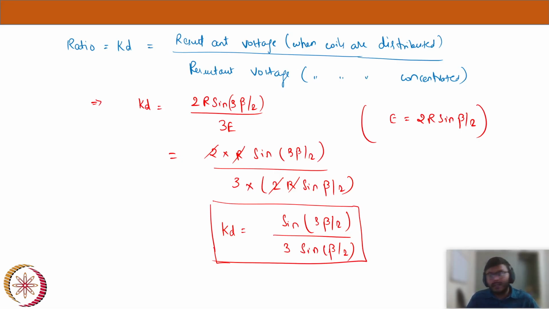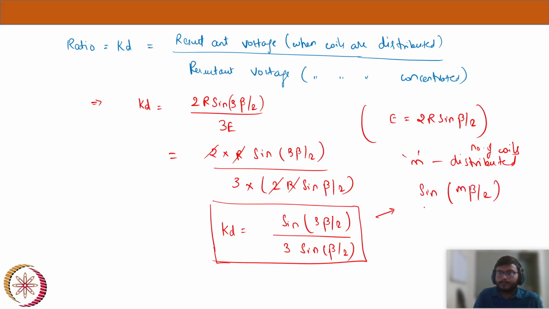So this is what we are trying to say here. Now the number three which we are seeing here is because we took three coils. Let's say if there are m coils that are distributed, the KD will be sine m beta by 2 divided by m sine beta by 2.